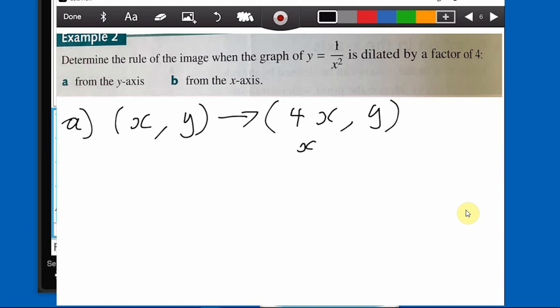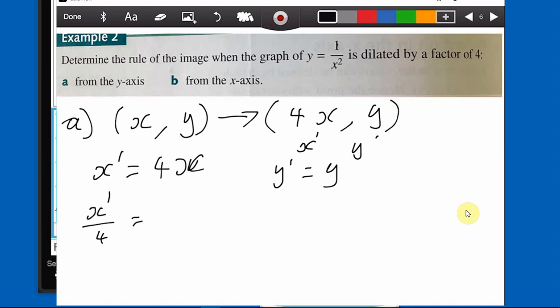So our X image is 4 times what the old X was. And our Y image is exactly the same as our old one. Now, I need to divide by 4, so our image over 4 is what the old X is. And the reason I need to do that is because we've got our equation 1 over X squared, and these X's and Y's are the old ones.